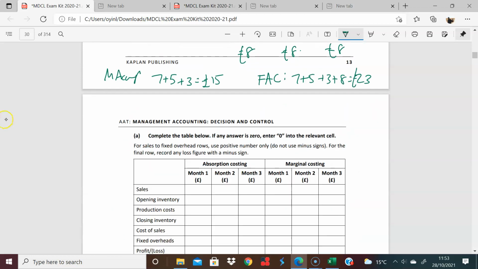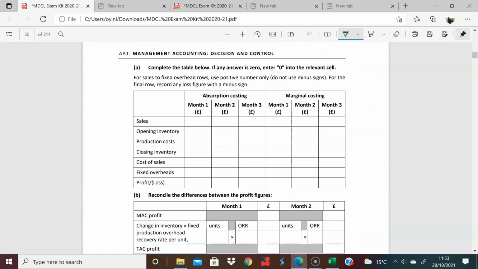So here we have, of course, 7,500. I'll just do it here. 7,500 times 28. That's the figure for month one, and that's 210,000. And then for month two, we sell 7,900 at £26, and that is equal to 205,400.